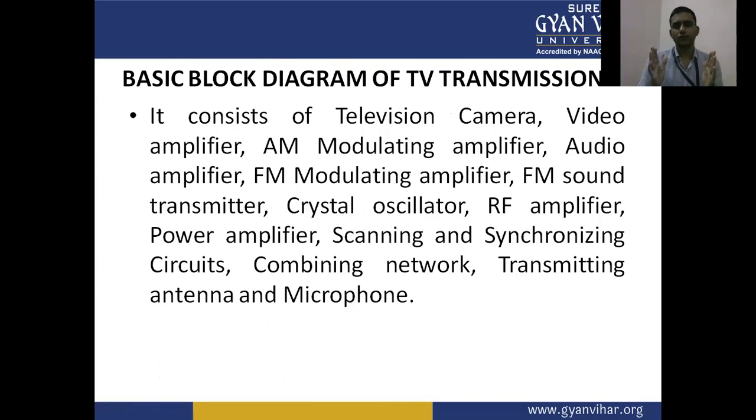It consists of the television camera, video amplifier, amplitude modulating amplifier, audio amplifier, FM modulating amplifier, FM sound transmitter, crystal oscillators, RF amplifier, power amplifier, scanning and synchronizing circuits, combining network, transmitter antenna, and microphone.